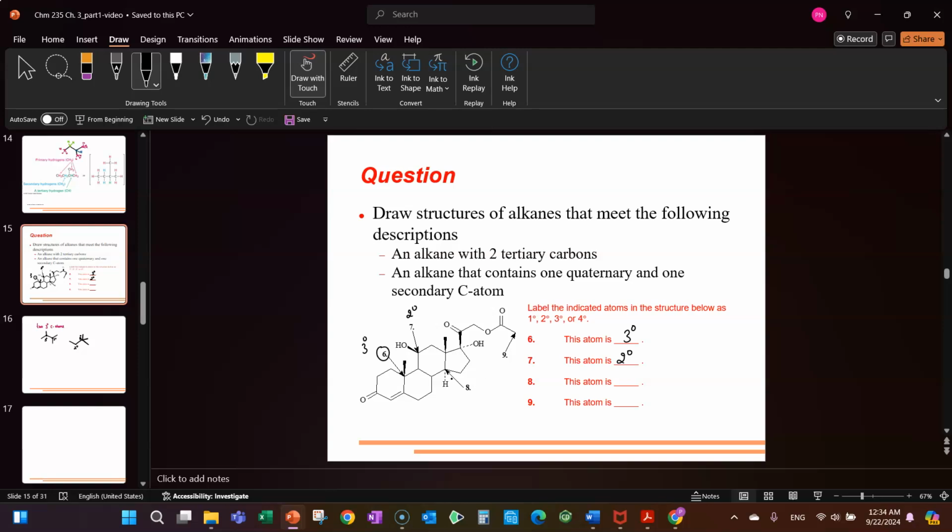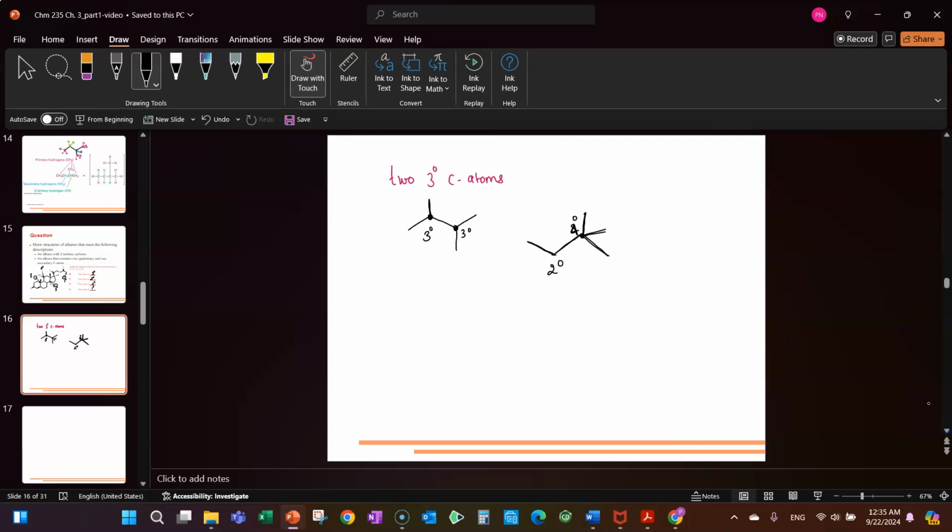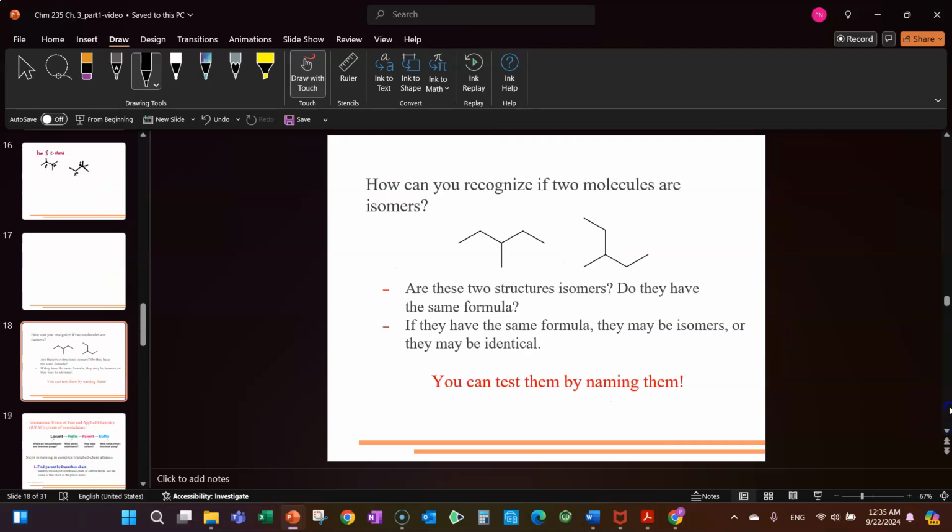Number 8 is over here. It's connected to 3, so it should be a tertiary again. And then 9 would be a primary, connected to 1 carbon atom. So I think you got the idea of how to classify the different atoms as primary, secondary, tertiary, or quaternary. Moving on.